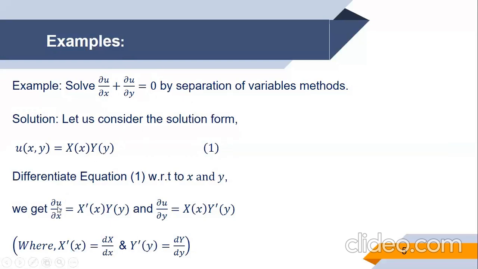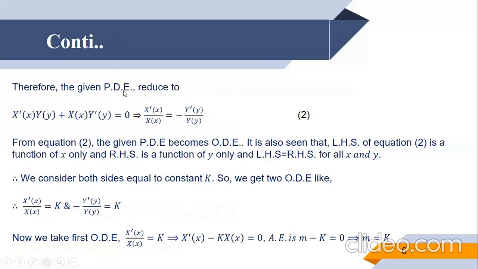Now differentiate with respect to x because we require del u by del x and del u by del y. So we find del u by del x and del u by del y from equation 1 and then we put both values in the given equation, then we get this equation.